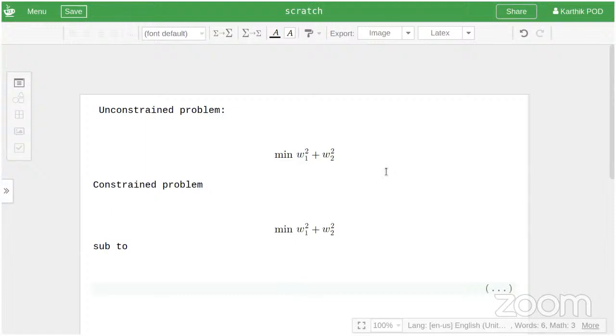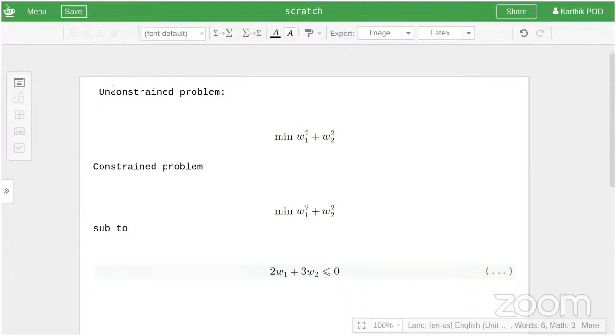What could the constraint be? Let's say 2W1 plus 3W2 greater than or equal to 0, or something like this, or less than or equal to 0. Okay, so these are two problems.